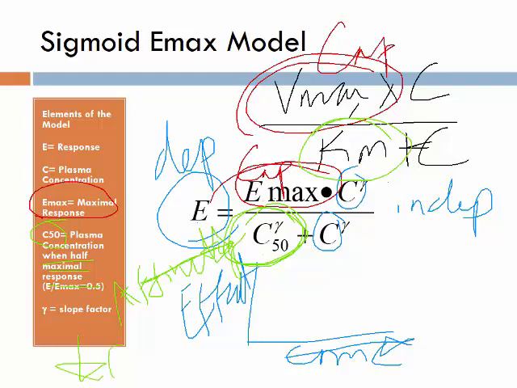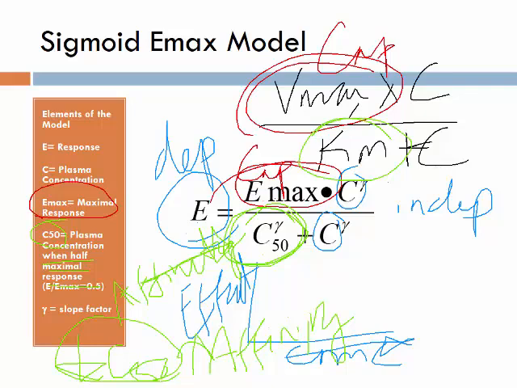The lower the C50, the higher the affinity between the drug and that receptor. So if we have two drugs that are competing for that receptor site, which one's going to win? Well, the one with the lower C50, right? So capacity and affinity, just like always, and we have our concentration as our independent variable, and E is our dependent variable.